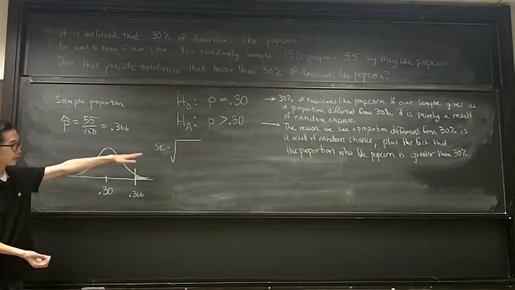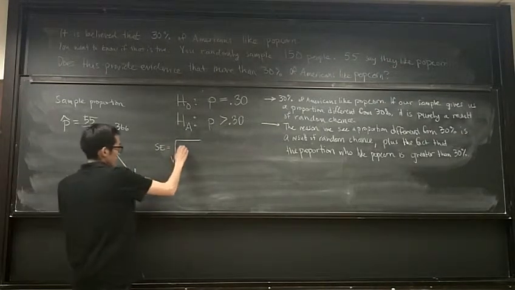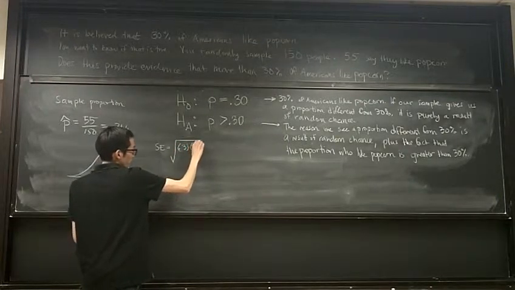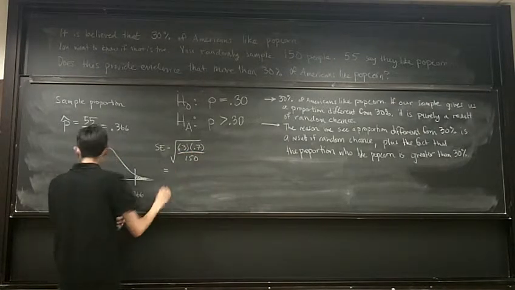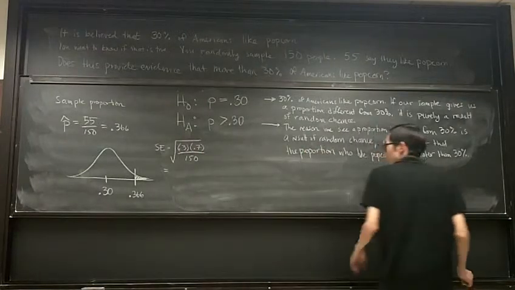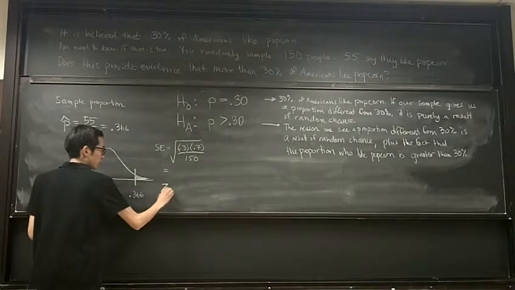Okay, so here our standard error is what? 0.3 times 1 minus 0.3, so 0.7, divided by 150. I don't know what this is. Calculator people, help me out. 0.039.